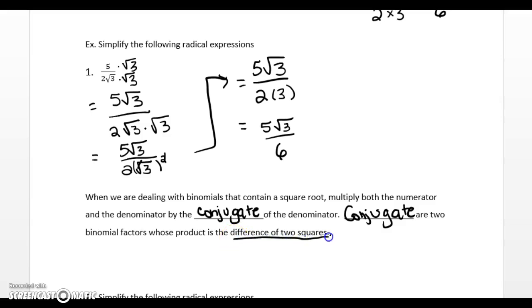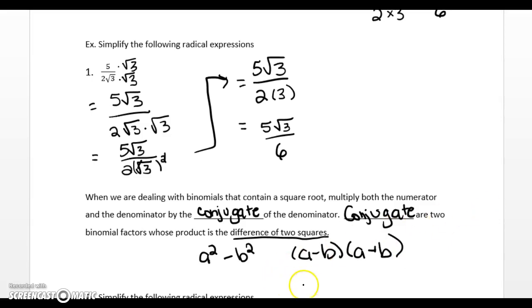This is something we studied last chapter, in chapter 4. If you remember with the difference of two squares, if you were trying to factor, say, a squared subtract b squared, and you were to break that down to its factors, you get a minus b times a plus b. So here we're going to be working backwards.